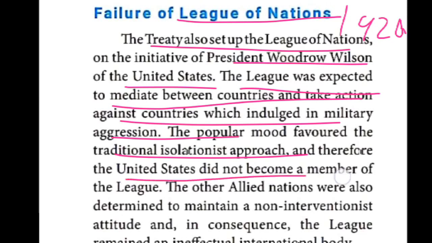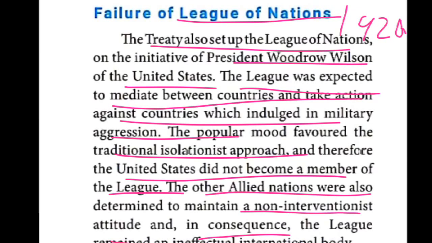Therefore, the United States did not become a member of the League; we learned that already in the first lesson. The other Allied nations, Britain and France, followed a policy of non-intervention. As a result, the League remained an ineffectual international body.